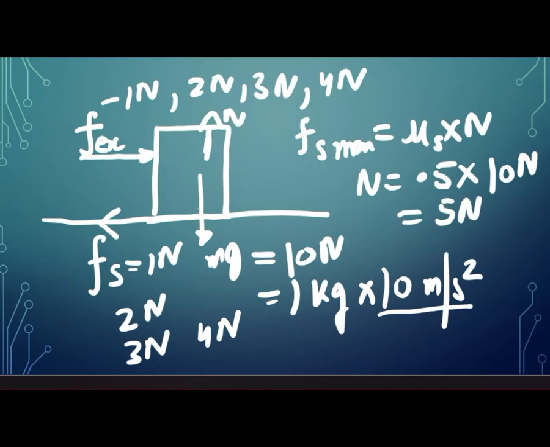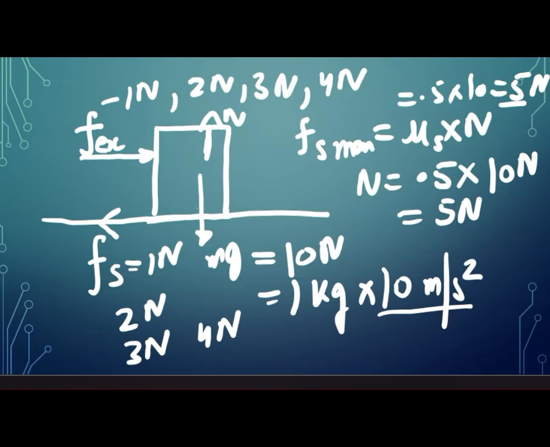So 10 Newtons is the normal reaction. So you will get 0.5 into 10 is equal to 5. This is the maximum static friction available between the pair, after which the body will start moving, right? So 5 Newtons is the maximum you can go before you start moving. This is the way static friction is said to be self-adjusting.